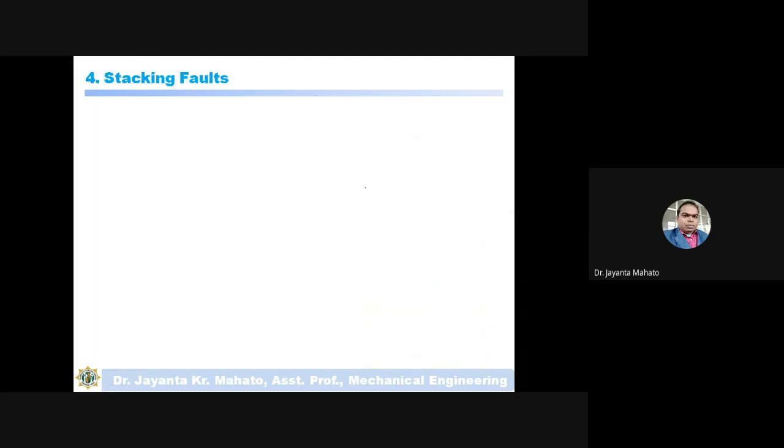Now, the fourth surface defect is the stacking fault.